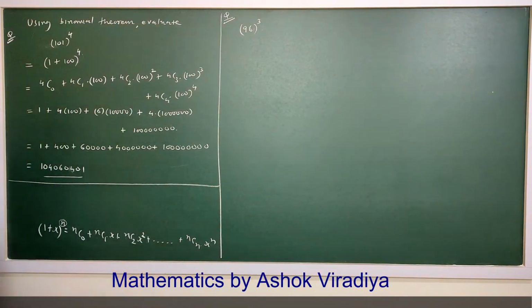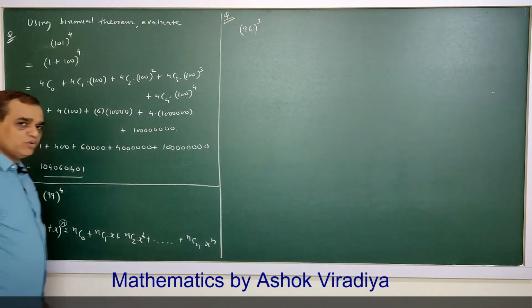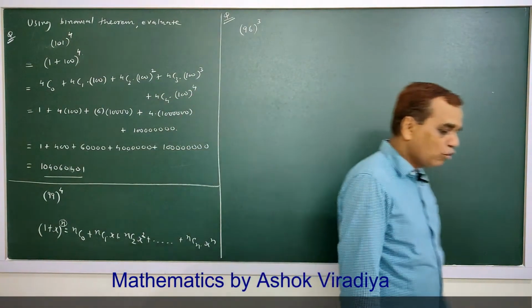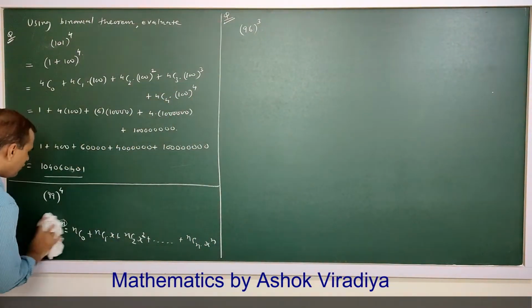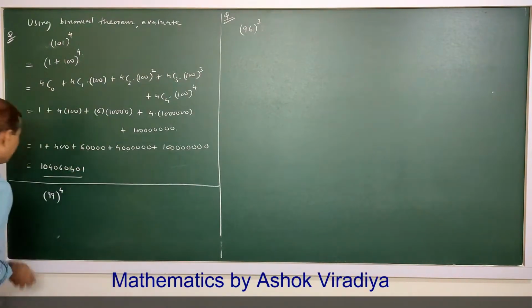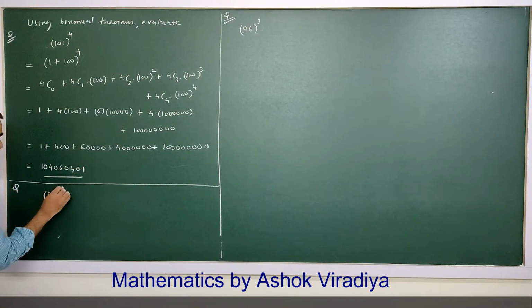Suppose you are asked to find 99 raised to 4. The procedure is the same for any power, 4 power, or if you are given 5 power, any power. Suppose I take 4 here.